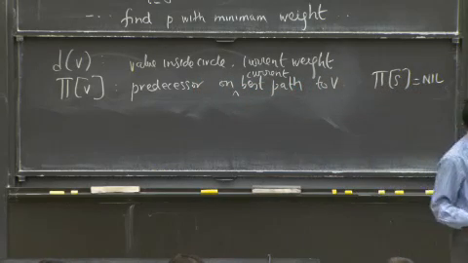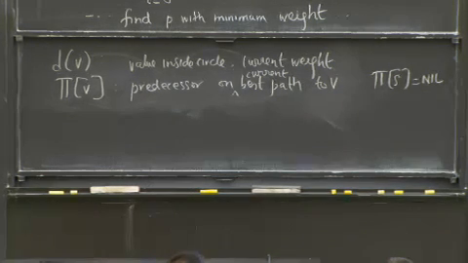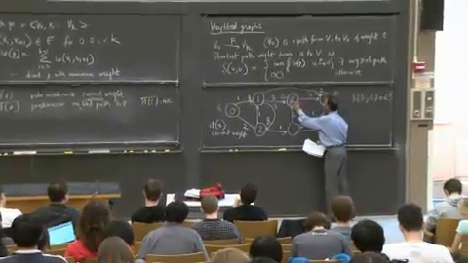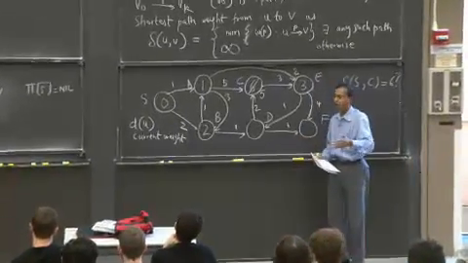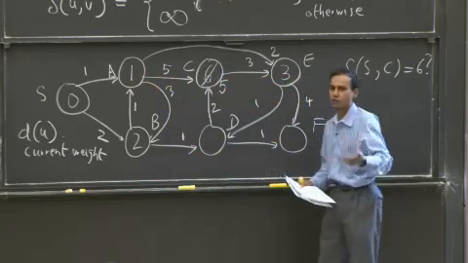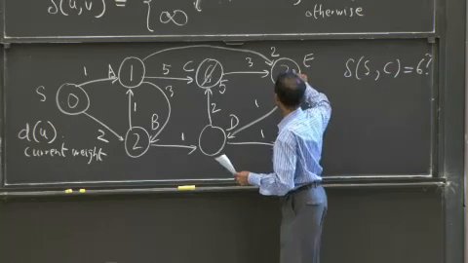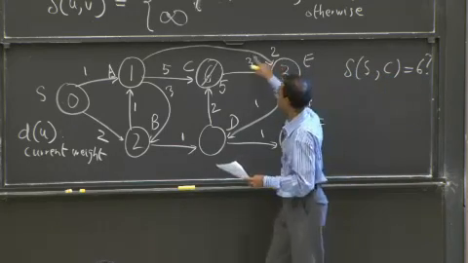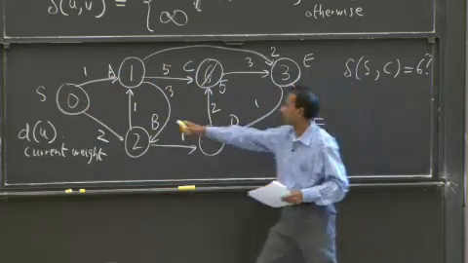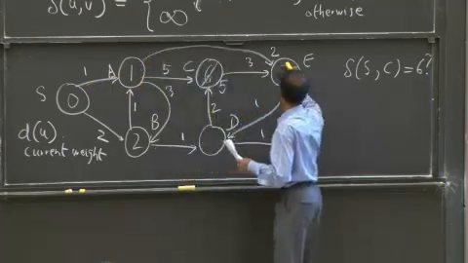Once you're at a particular vertex E, you look at pi of E, and if that points to C, then you look at pi of C, and that might point to A, and so on and so forth. In this instance, when you're finally done, pi of E is going to point to A, and pi of A is going to point to S, because that's the best path.